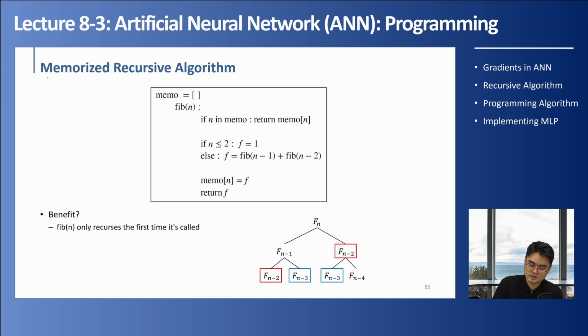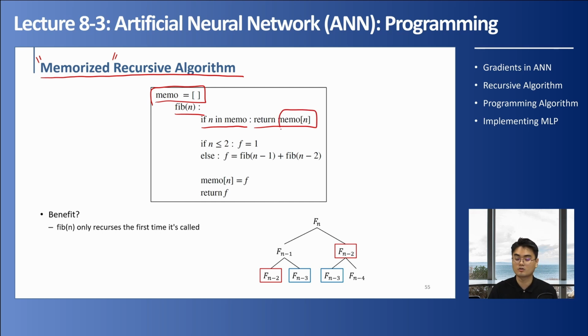One way to do this is to use a memoized recursive algorithm. Here, this is the key: memoized. We're going to save some Fibonacci numbers. So when we're calculating this function Fibonacci n, if n is inside our memory, we're going to simply use that memory. For the other cases, we're going to calculate the Fibonacci numbers as usual, and then we're also going to save the result in the memory.